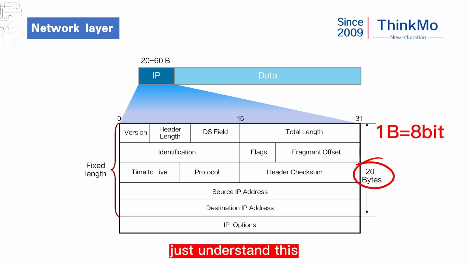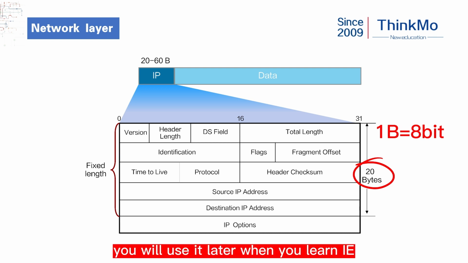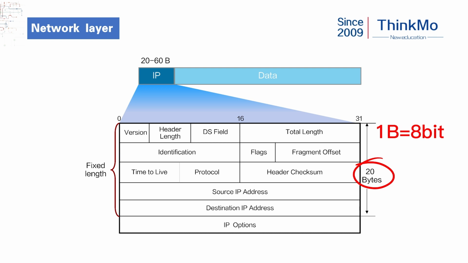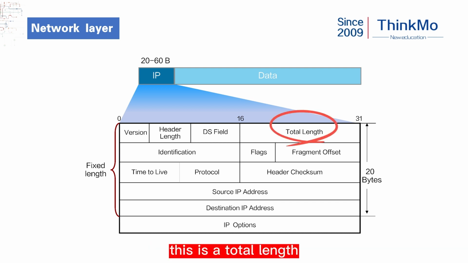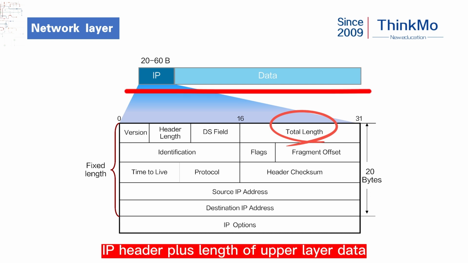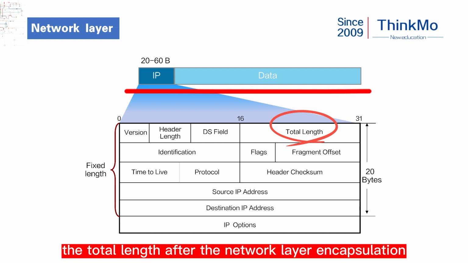Just understand this. The DS field is differentiated services. It has another name, DSCP. You will use it later when you learn IE. We don't need to pay attention to this at all in the CCNA stage. This is the total length. The total length represents the IP header plus the length of the upper layer data, that is, the total length after the network layer encapsulation.